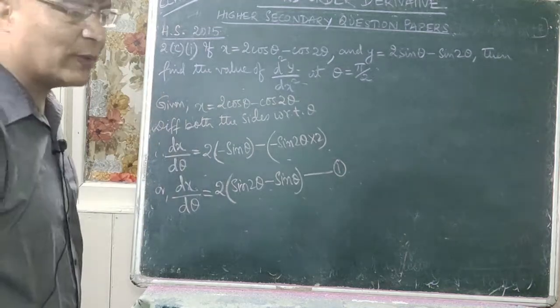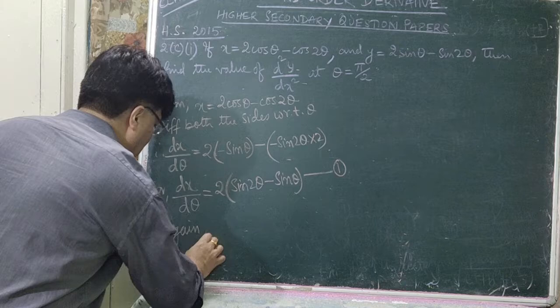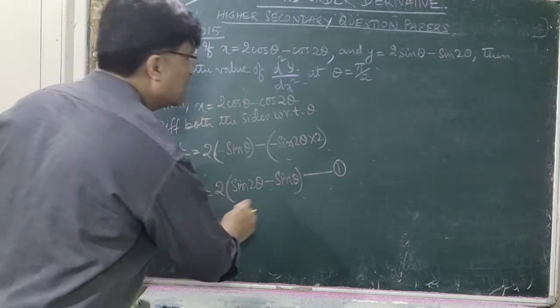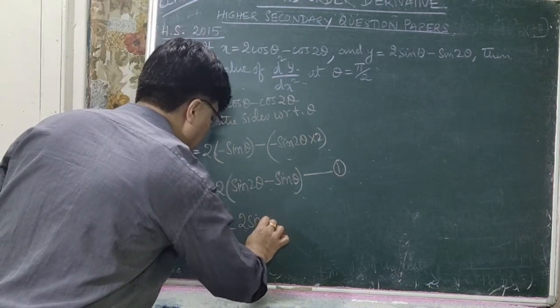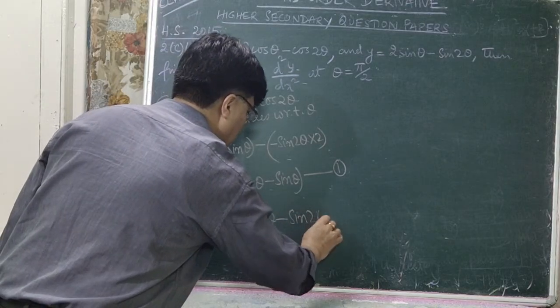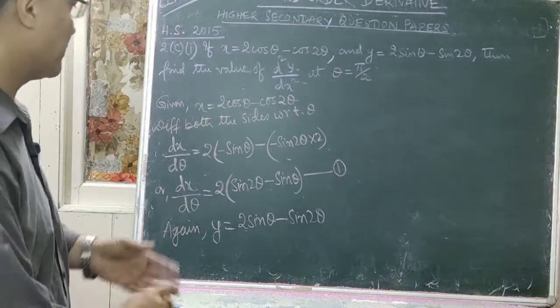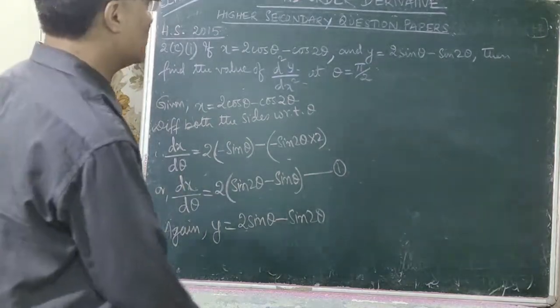Now let us find dy by d theta. What is given here? y is equal to 2 sin theta minus sin 2 theta. Let's differentiate both the sides with respect to theta.